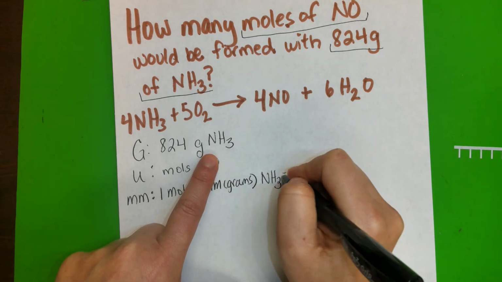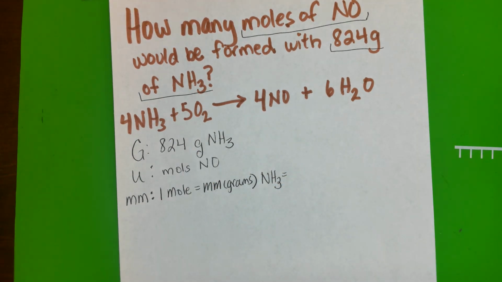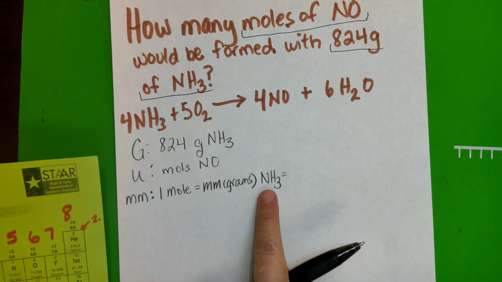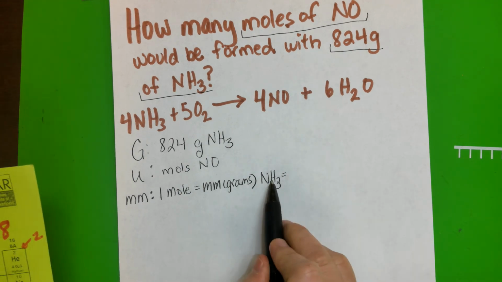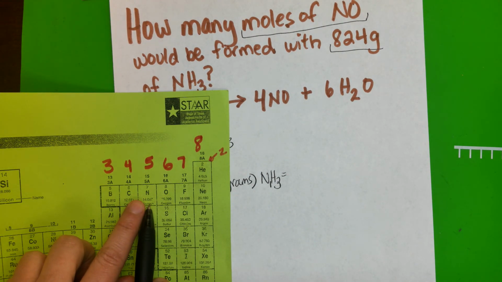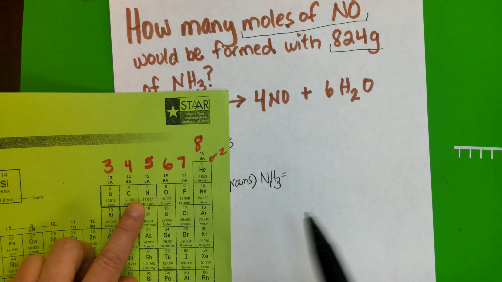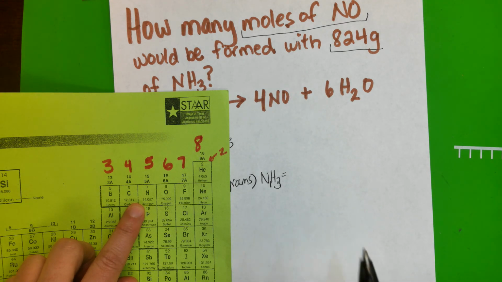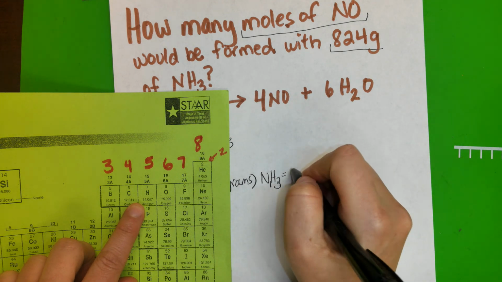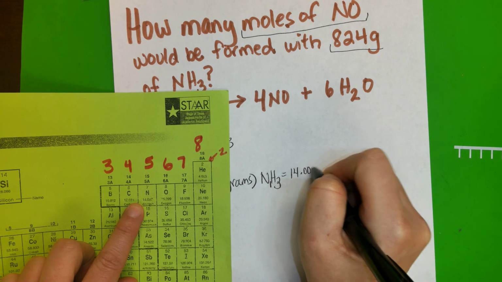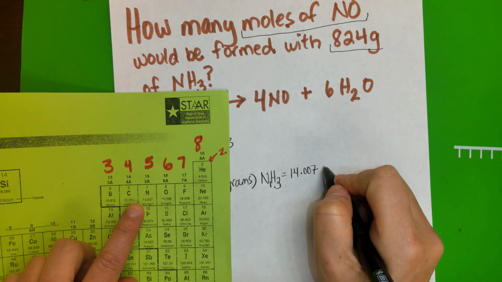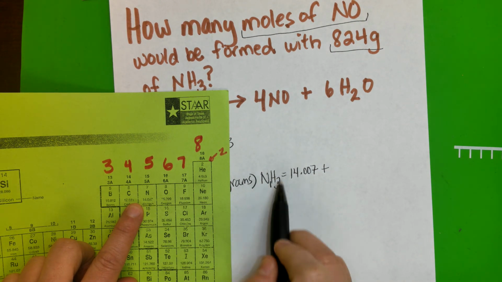Okay? So for this one, you need to make sure that you get nitrogen is 1 and hydrogen has 3 of them. So nitrogen is 14, and you do have the link. If you click on periodic table in there, it will have a link and it'll have the periodic table there for you. But nitrogen has 14.007. And then you're basically going to add, because it's all together, okay?